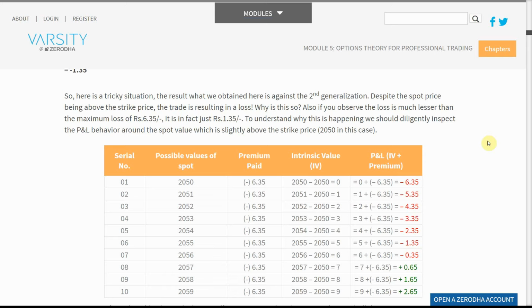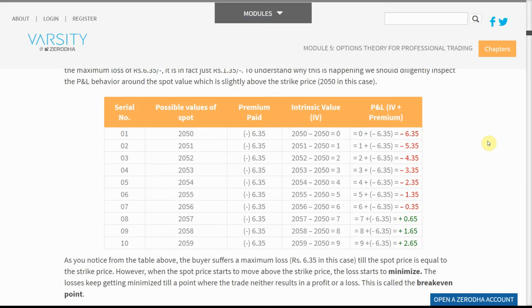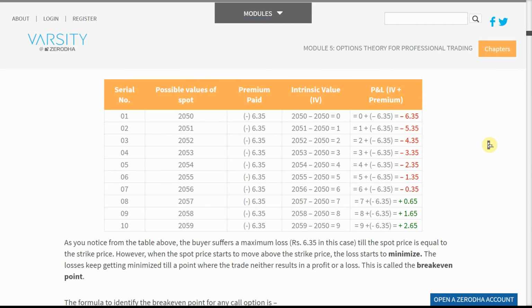Serial No., possible values of spot, premium paid, intrinsic value IV, P&L (IV plus premium). 01: 2050, 6.35, 2050 to 2050 equals 0, plus 6.35 equals 6.35. 02: 2051, 6.35, 2051 to 2050 equals 1, plus 6.35 equals 5.35. 03: 2052, 6.35, equals 2, plus 6.35 equals 4.35. 04: 2053, 6.35, equals 3, plus 6.35 equals 3.35.